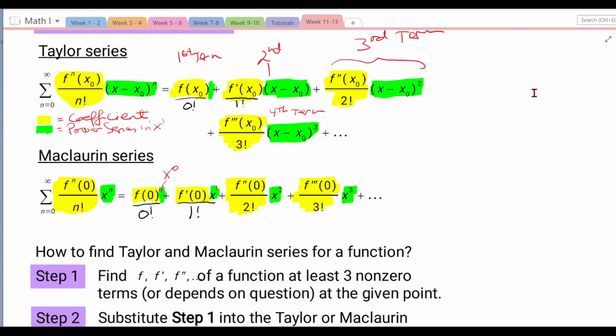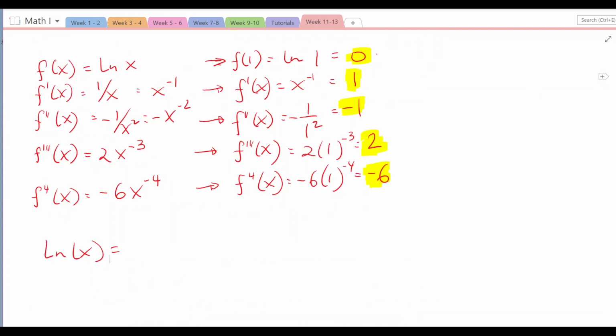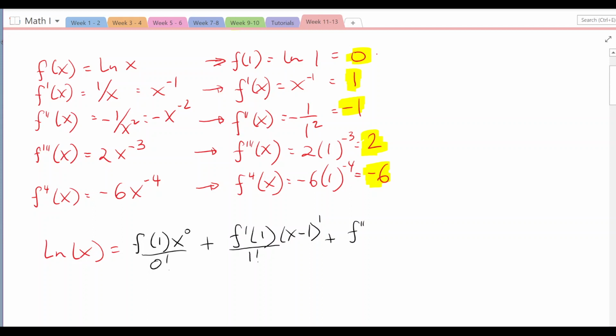Let's just write down in our first problem that we have. The value of the function at 1 times x to the power of 0, the first term, divided by 0 factorial, and then the first derivative at 1 times x minus 1 to the power of 1, this one is 1 factorial, plus the second derivative at 1 divided by 2 factorial times x minus 1 raised to the power of 2.